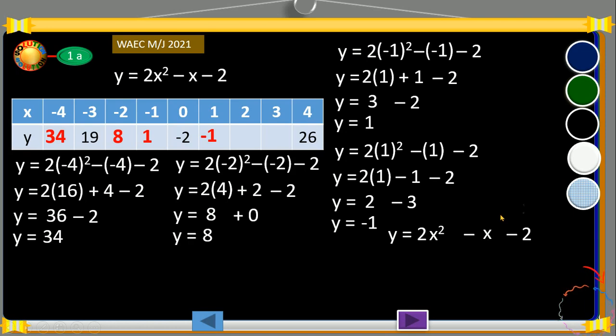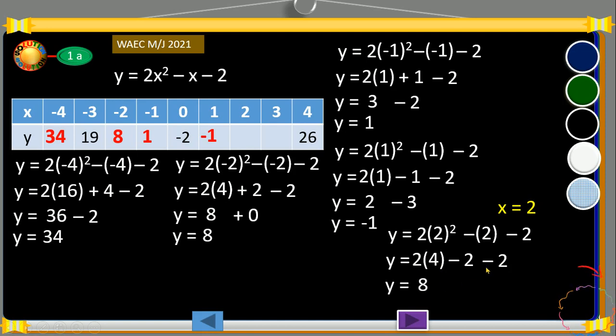Then we are going to do the same thing for when x is equal to 2. Replace this with 2, replace this with 2, and then simplify. 2 squared is 4. Minus times 2 is minus 2. Then bring down minus 2. Simplifying this will give me 8, minus 2 is minus 4. 8 minus 4 will give me y is equal to 4.